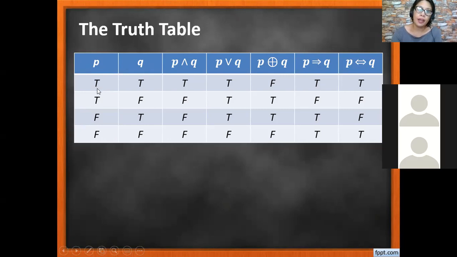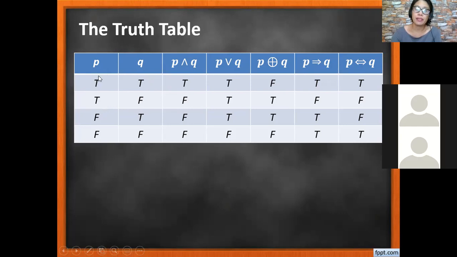So P is true, true, false, false, and Q is true, false, true, false. Now, we are going to connect the two propositions P and Q using the different connectives and see what will happen to the truth value.